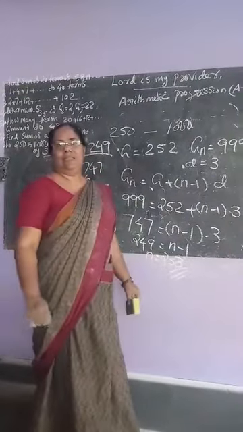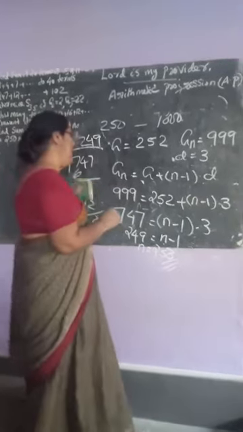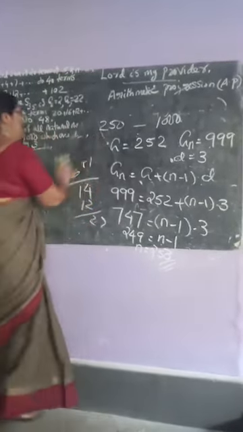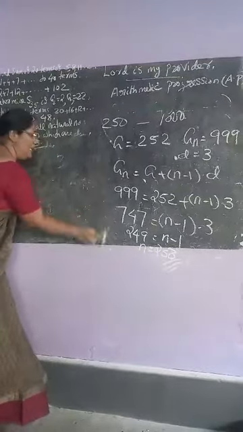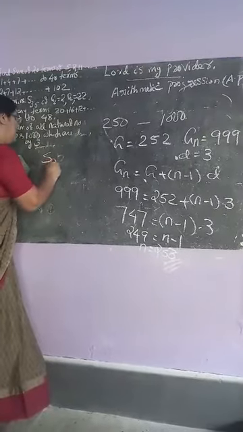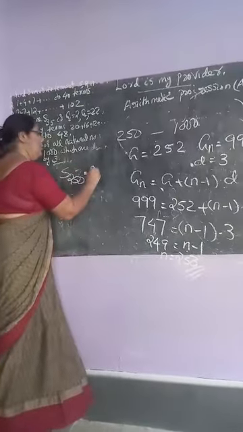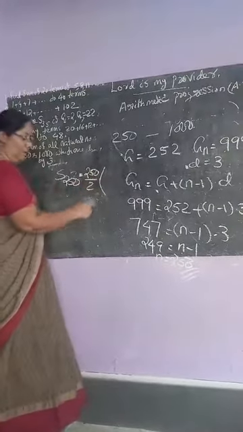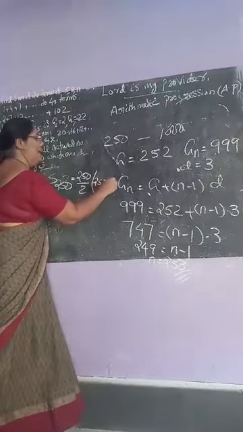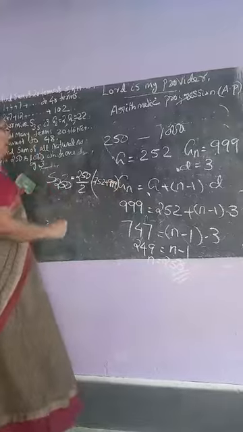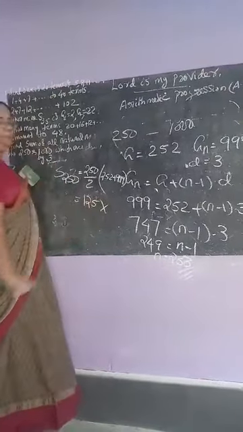Suppose your question is find the sum of terms. Then how can you apply the formula? If the question is find the sum of all natural numbers, that means S250 is the question. What's the formula? S250 is 250 by 2 into, if the first term and last term given, 252 plus 999. What is 250 by 2? 125 into.